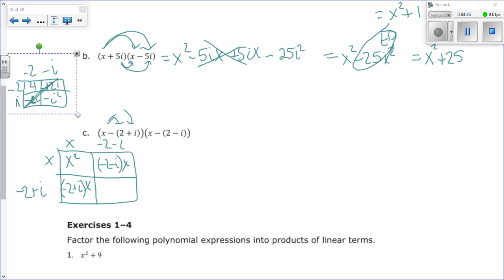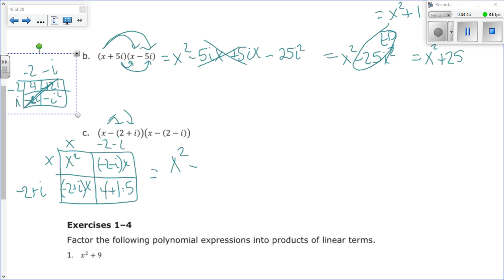So I will have 4 plus 1. So this will then be equal to 5. So let's clean up what we have here. This will be x squared.